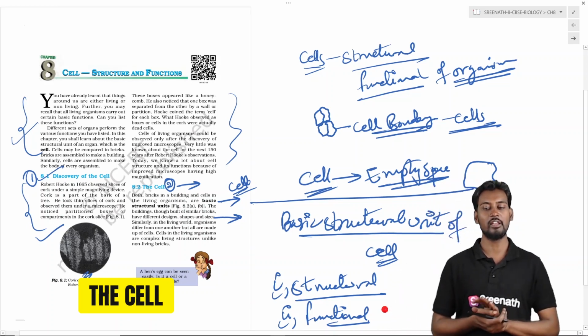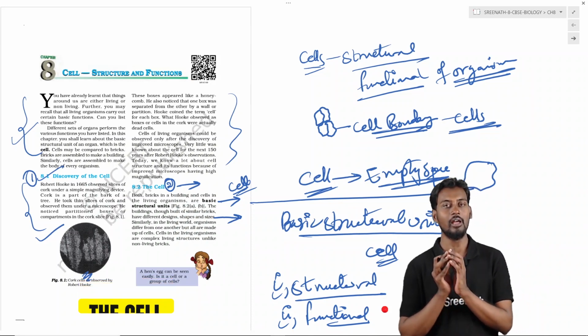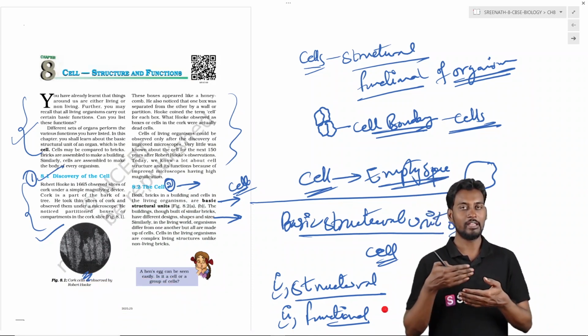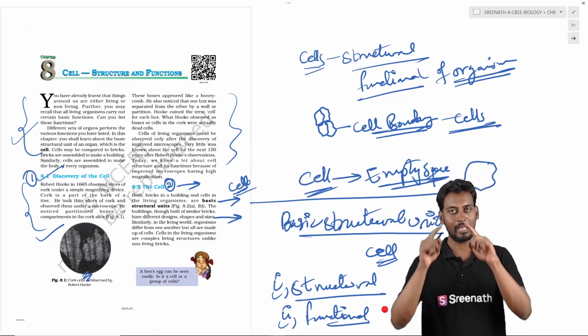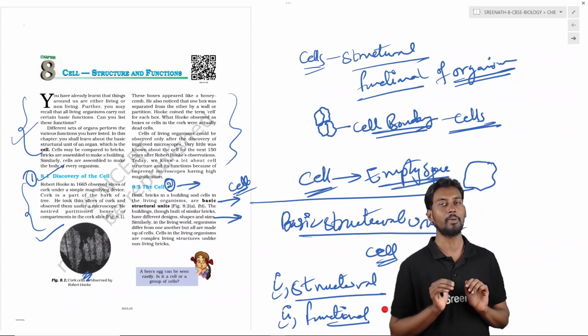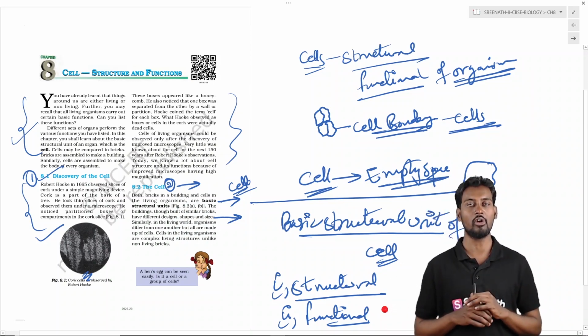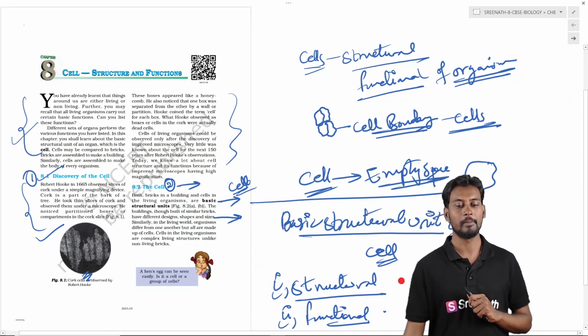The cell makes the basic structural unit of the living organism. It is the basic thing which prepares the structure of the organism, and also performs the function of the organism. So the basic structural unit of an organism is the cell.